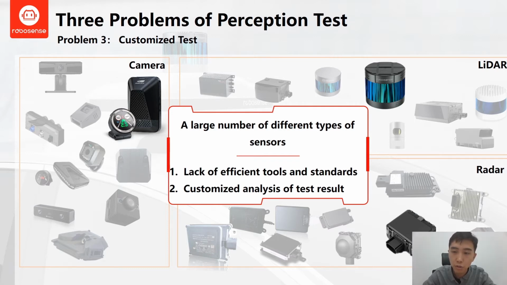If we still choose the bounding box IOU as a standard to test the recall rate, it's not a good choice. Because, A, labeling a 3D object is more difficult than labeling a 2D image. And B, because of the working mechanism of LiDAR, for many target objects the boundary is not very clear.